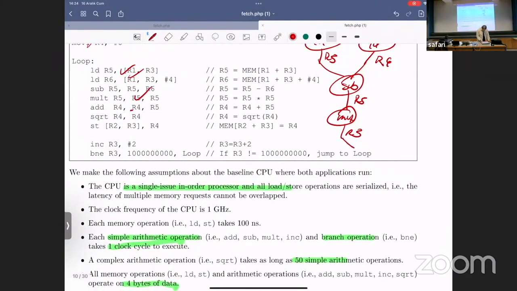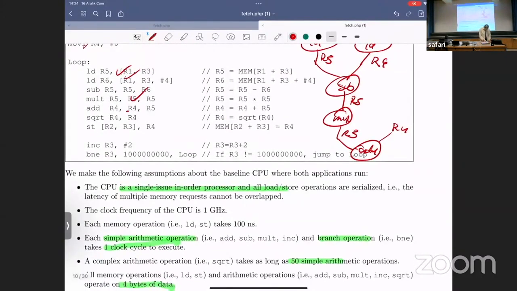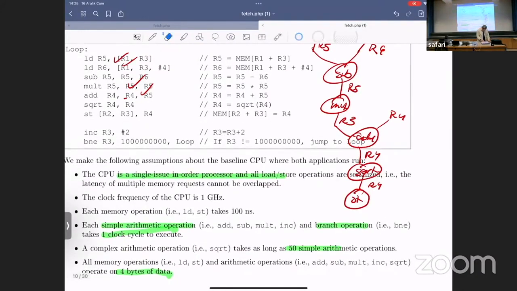And then addition, which needs R4. It was before. And then this produces R4, then you do a square operation, then the store, finally branch, no, sorry, int and branch.